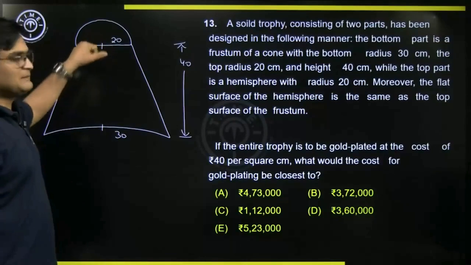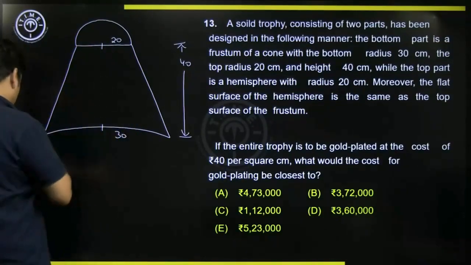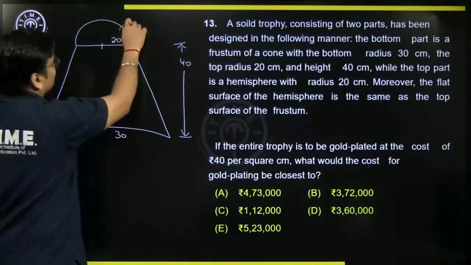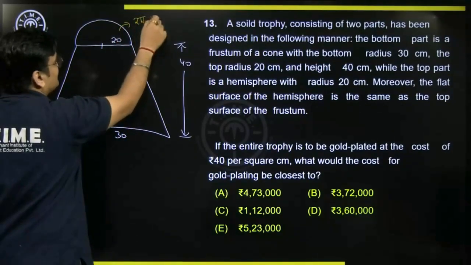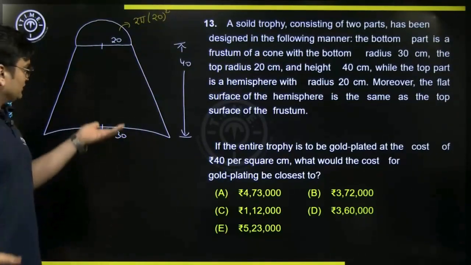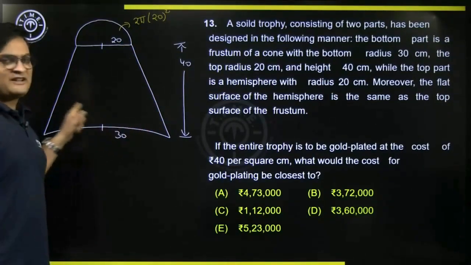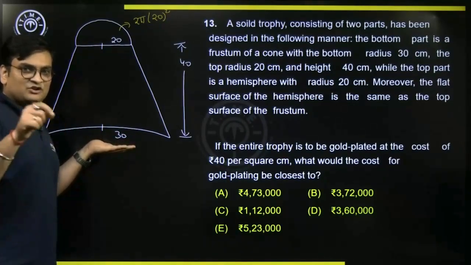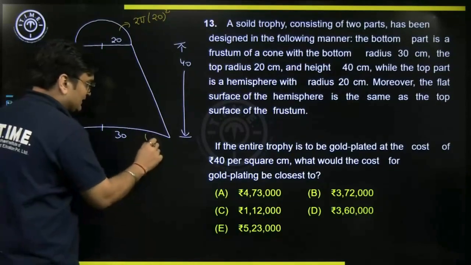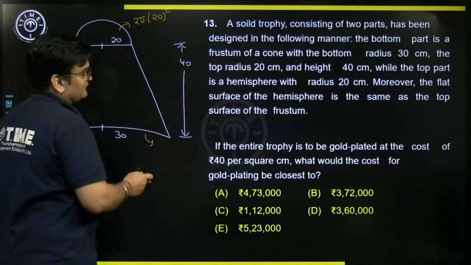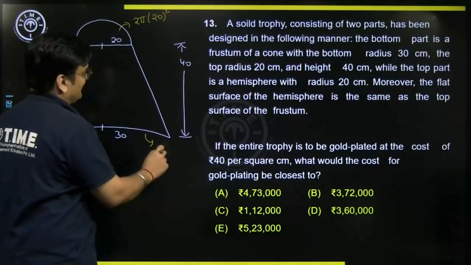We know that for the hemisphere, the surface area is 2 pi r square. R is 20. Also note, for the frustum we have a bottom surface also, a circular surface, that is to be gold plated, and its area will be nothing but the area of the circle with radius 30 centimeter, which is going to be pi r square.